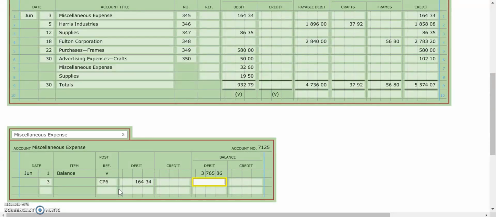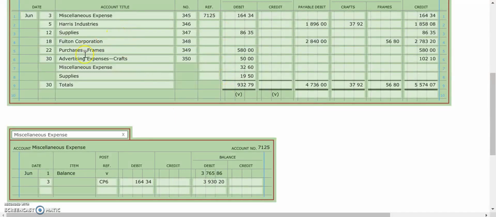So then we just need to do a little math. 3765.86 plus 164.34, and we get $3,930.20. And then we take our account number, which is 7,125, and plug that right in up there.